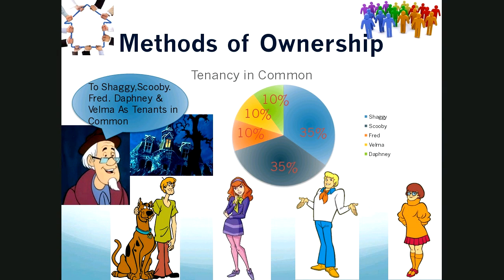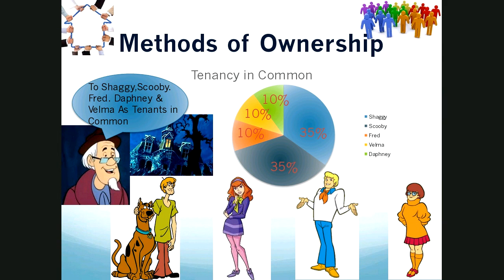They could also get their interest in different shares. So here, Uncle Stan could give it to the guys, Scooby and Shaggy get 35% each, and everybody else gets 10%. You can't do that with a joint tenancy with right of survivorship. The shares have to be equal.